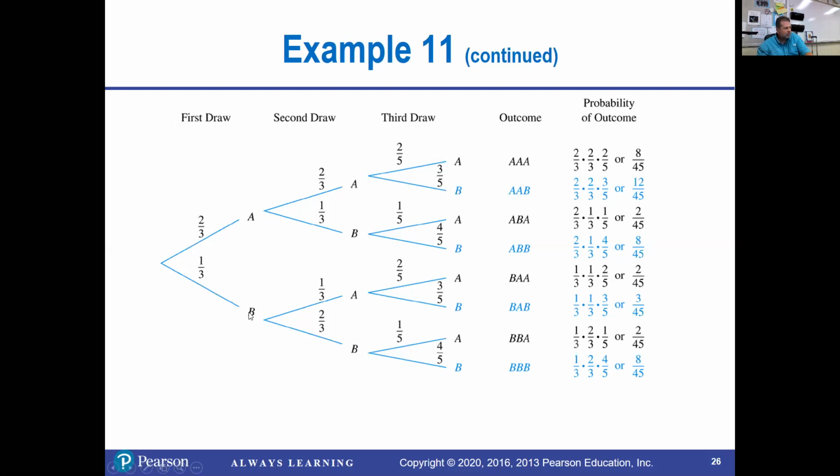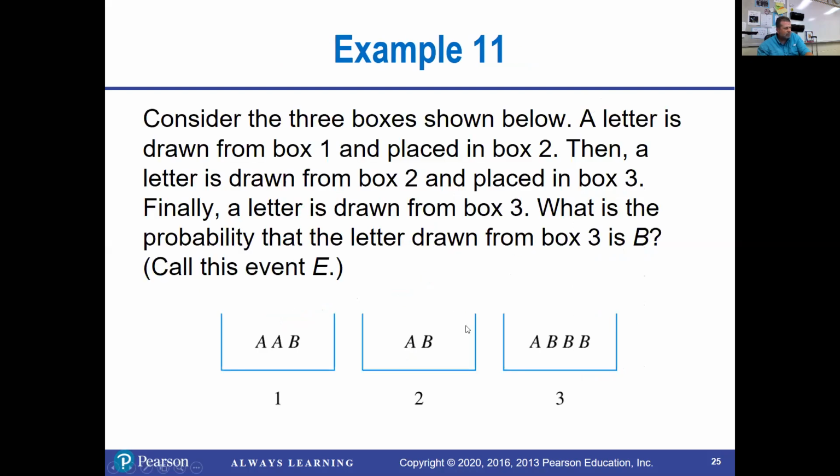Correct? Now, when I bring one over here, if it's an A, there's two A's. So if I bring over an A, I'm either going to have two A's, three B's, or four B's and one A. Okay, so that's what I'd have left over there.